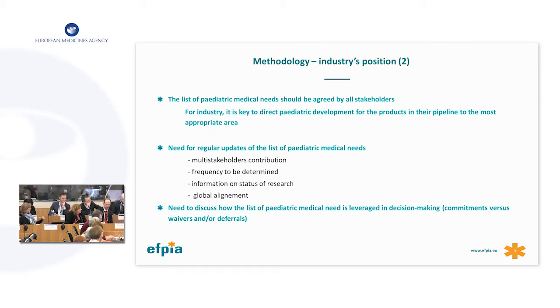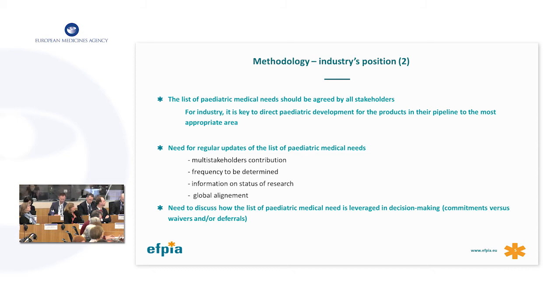For industry, it is key to direct pediatric development for the products in their pipeline to the most appropriate area. There is a need for regular updates of the list of pediatric medical needs with a multi-stakeholder contribution, frequency to be determined, additional information on status of research, and a global alignment.